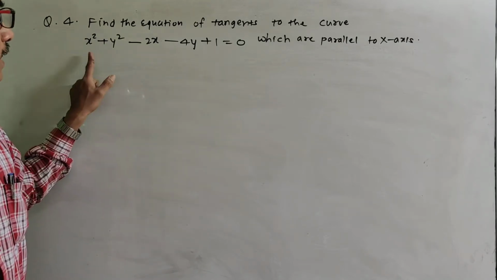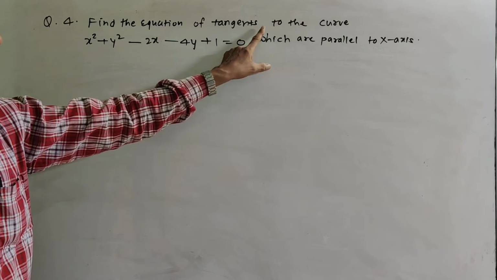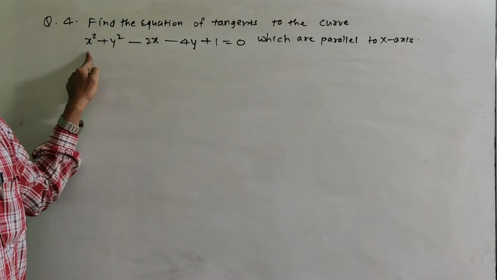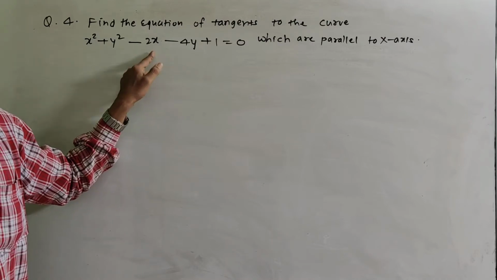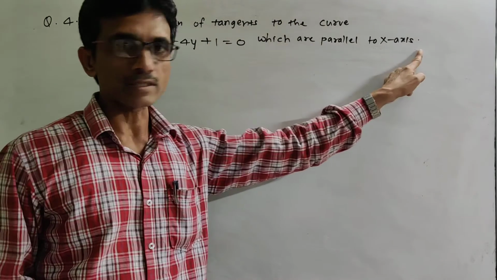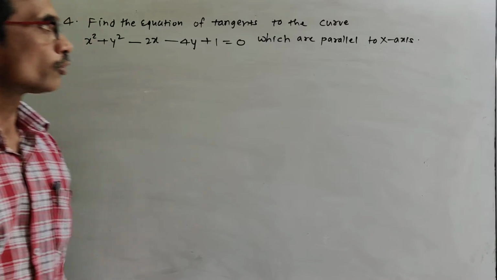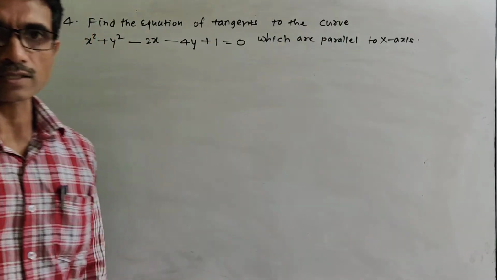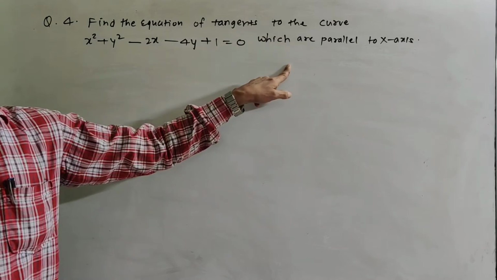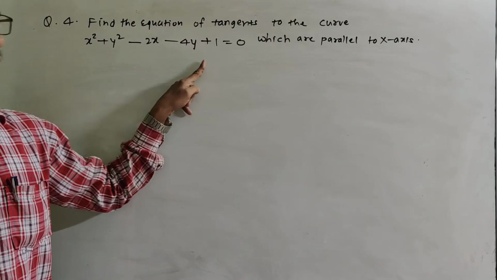To find the equation of tangent, first the point on the curve and the slope of the tangent. Now as our tangent is parallel to x-axis, clearly the slope of our required tangent is 0. Now only one thing to find, the point on the curve.